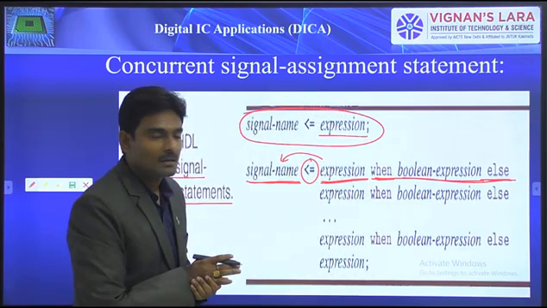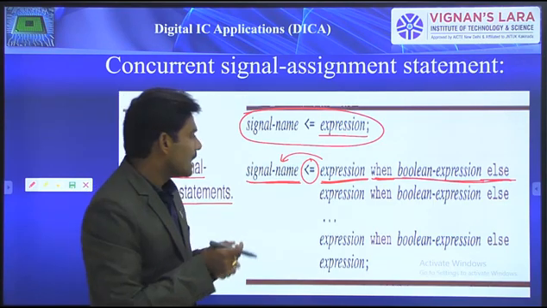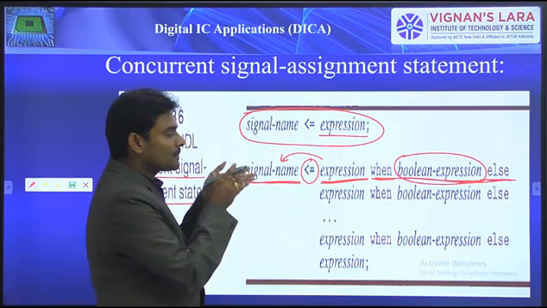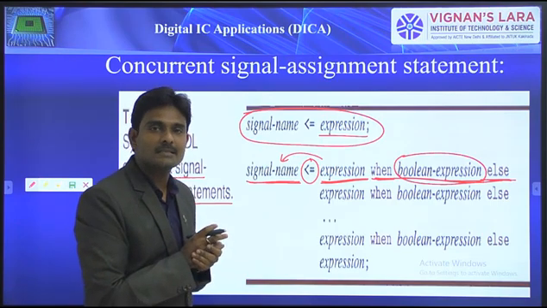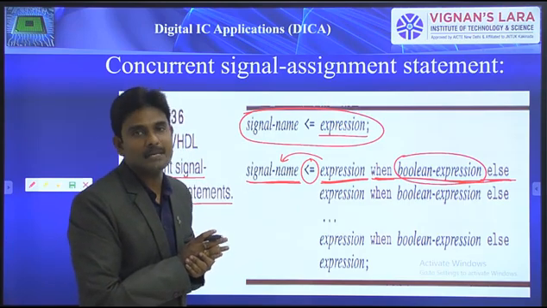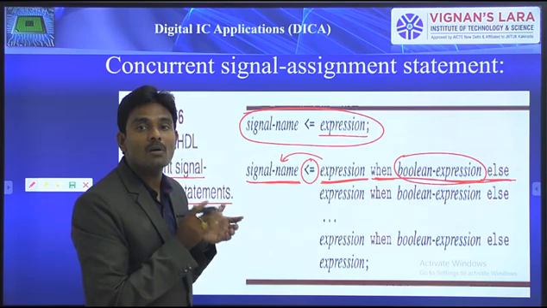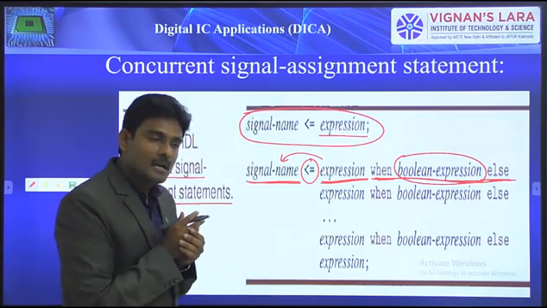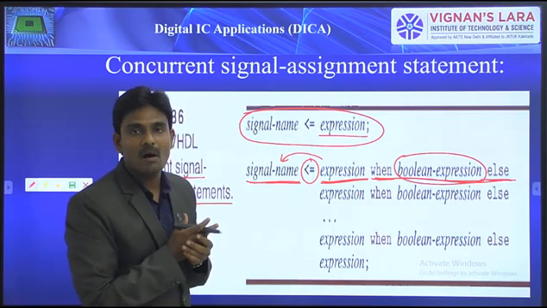This is the syntax for the conditional form of the concurrent signal assignment statement. Coming to the Boolean expression, it combines Boolean terms using VHDL built-in operators such as and, or, not, NAND, etc. Boolean terms are the Boolean variables or results of comparisons using the relational operators.